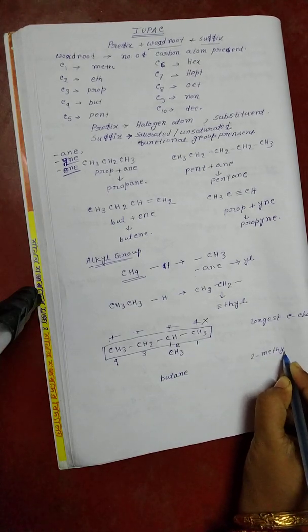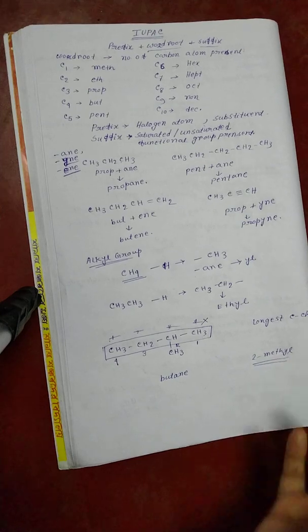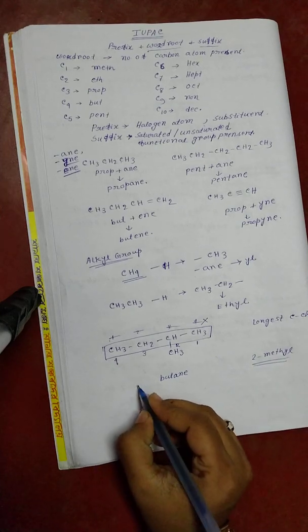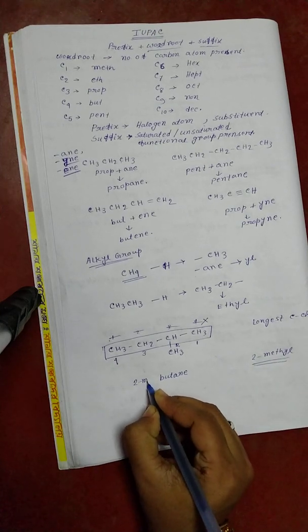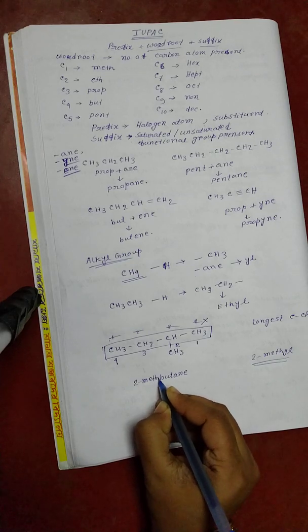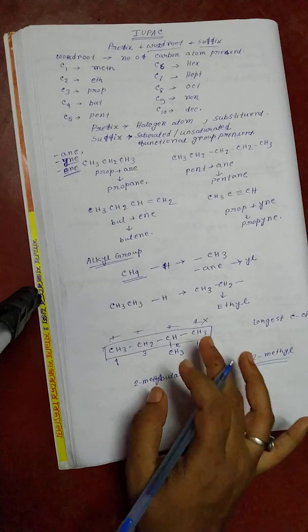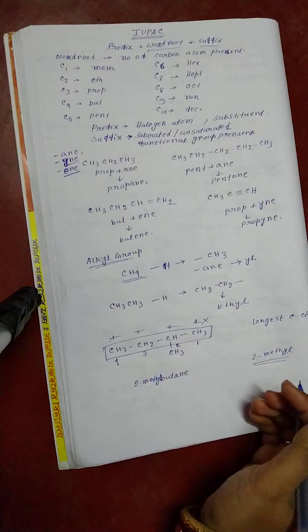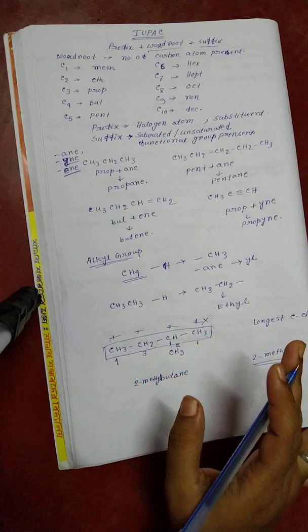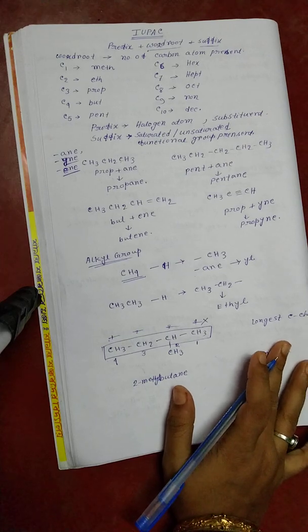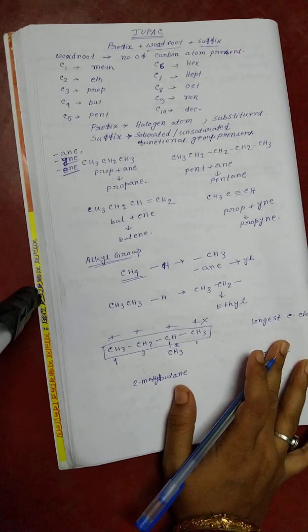So 2-methyl goes to the prefix, and this compound is 2-methylbutane. This is the type of branched chain hydrocarbon nomenclature.